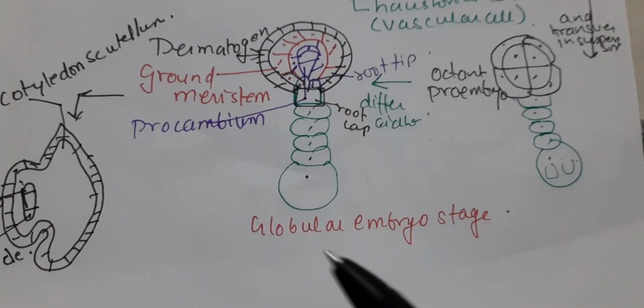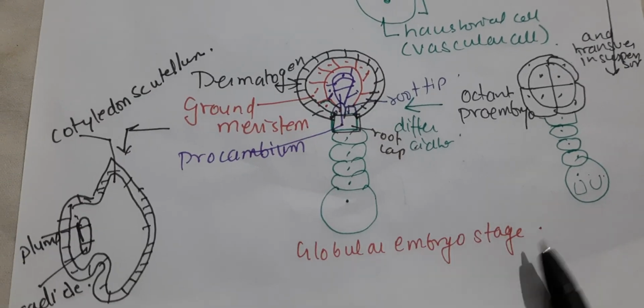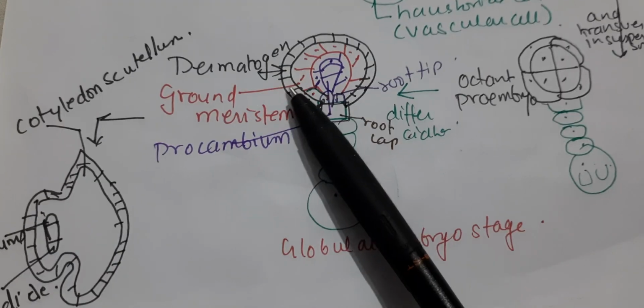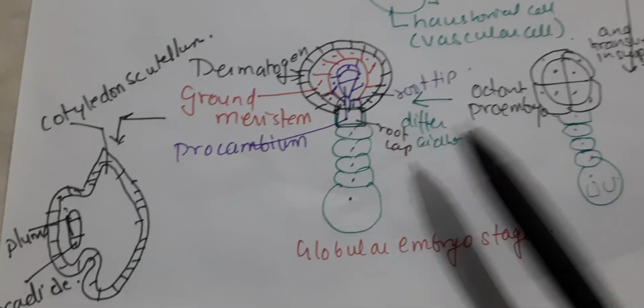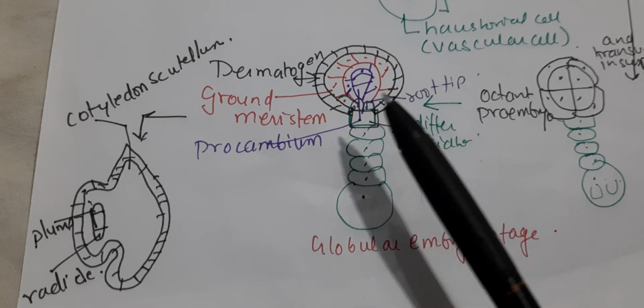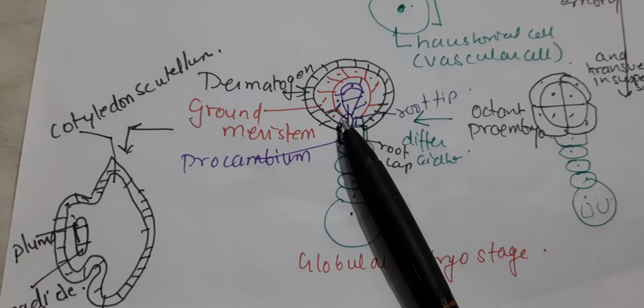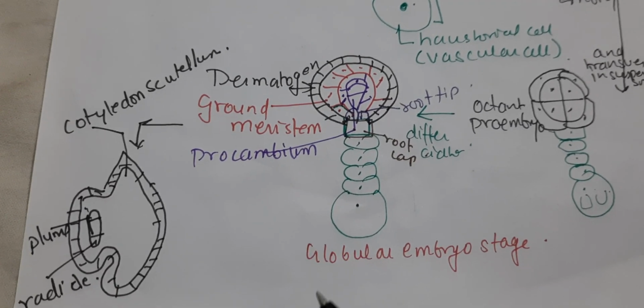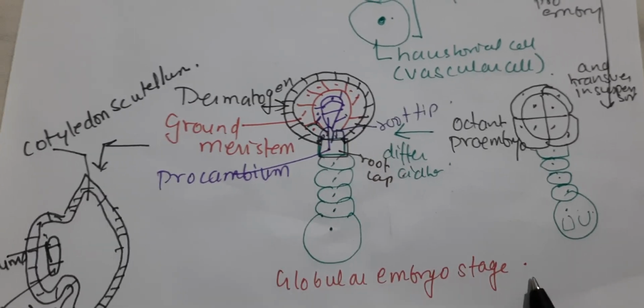A stage comes called the globular stage, where you will see 3 different layers formed. Here the differentiation occurs. So this is no longer known as proembryo. This is an embryo stage, which is called the globular embryo stage.